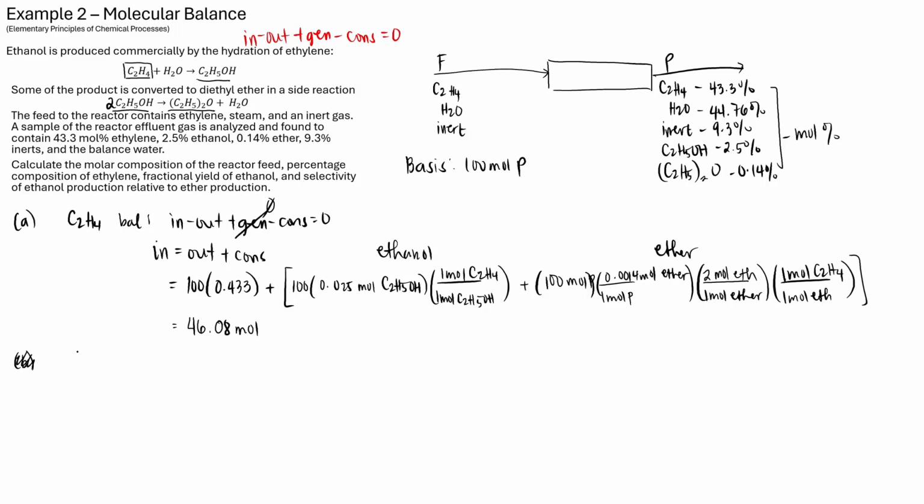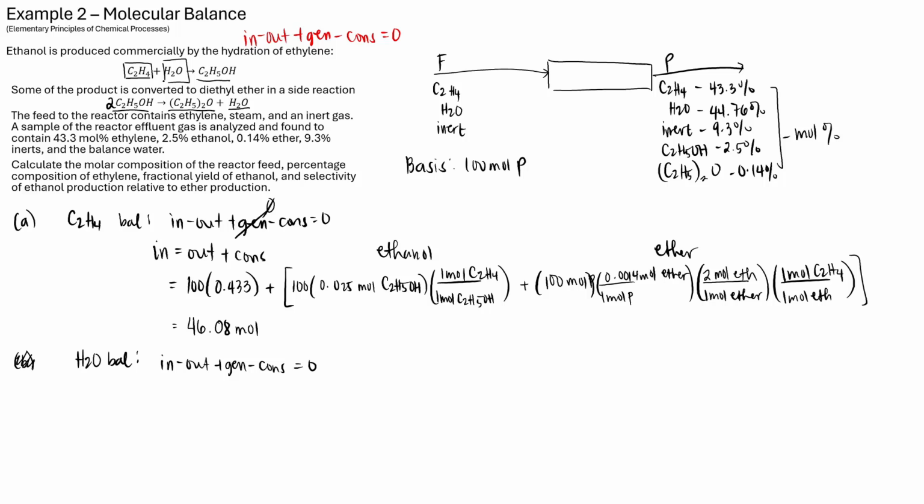We do the H2O balance first. So in minus out plus gen minus consumed is equals to 0. Water went in as a steam. It went out. Nandito siya. It is generated through the second equation. And it is consumed kasi nasa reactant side siya ni first equation.